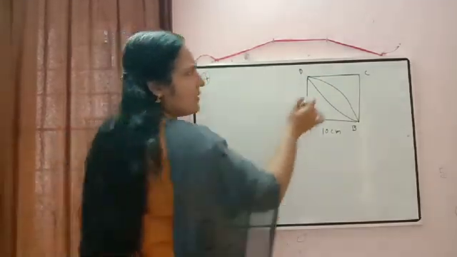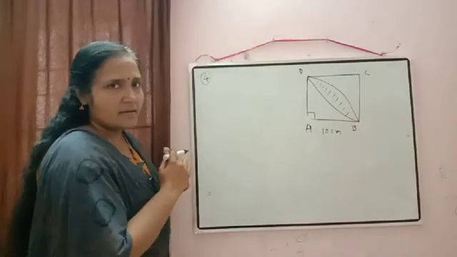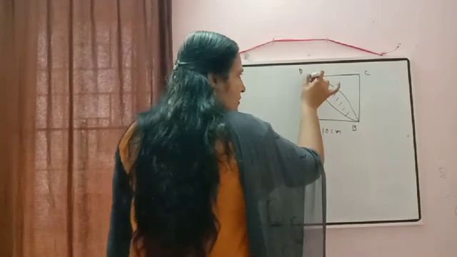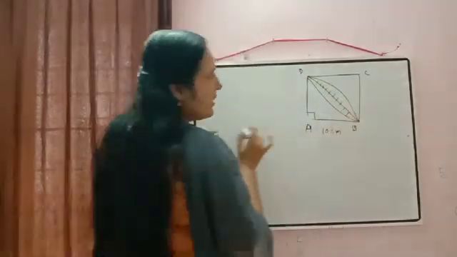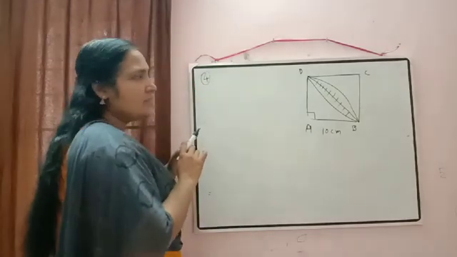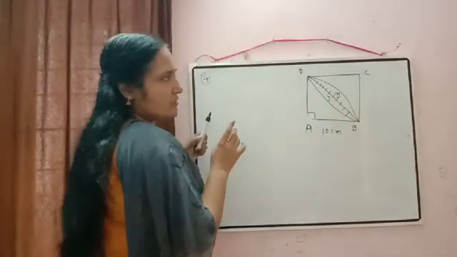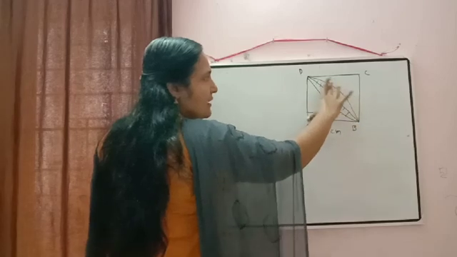Now how to calculate the area of this shaded region? To calculate it, what will we do? We will join B and D. Now when we join B and D, it is divided into two parts. First I am calculating the area of the sector.